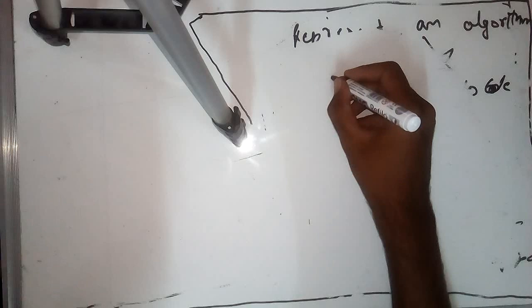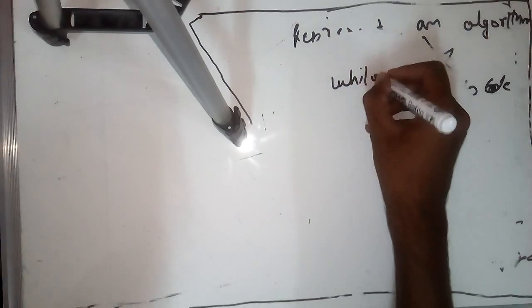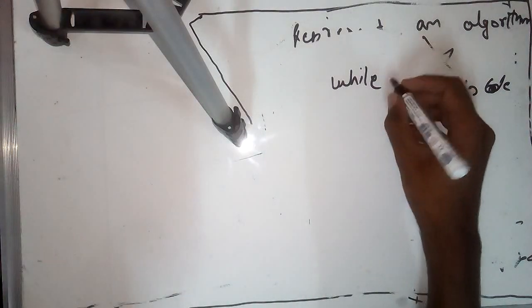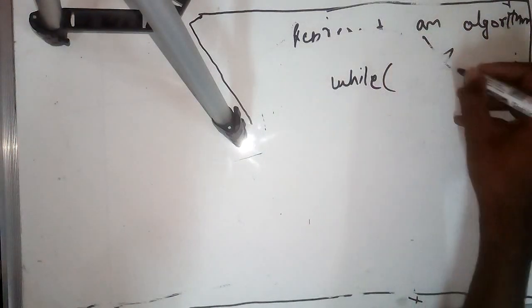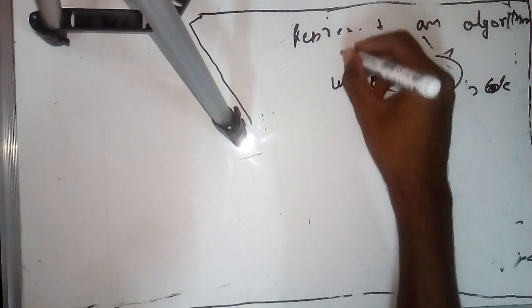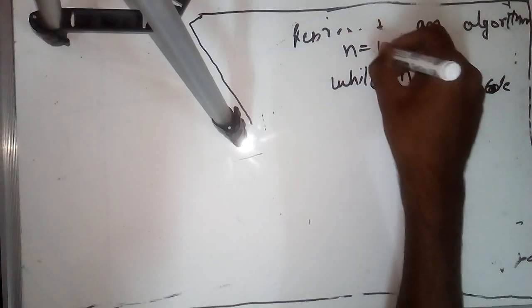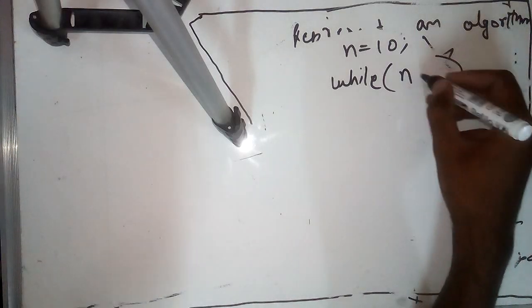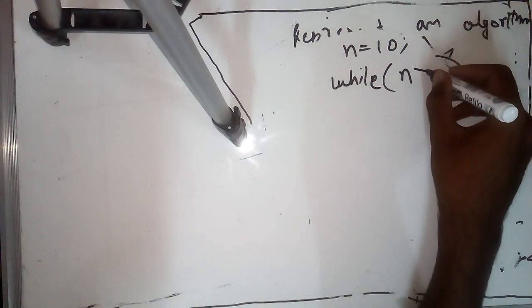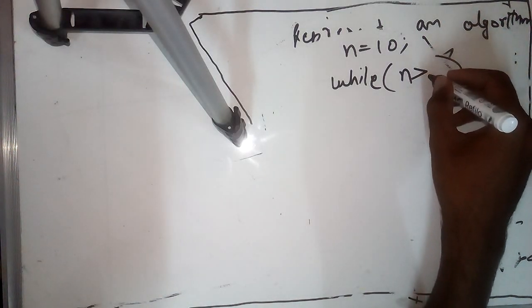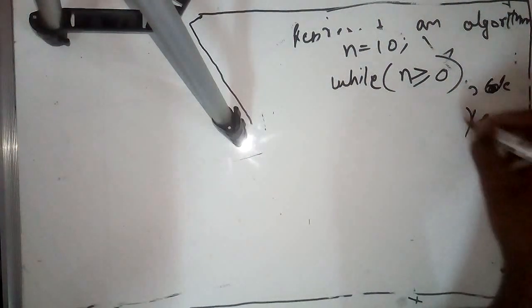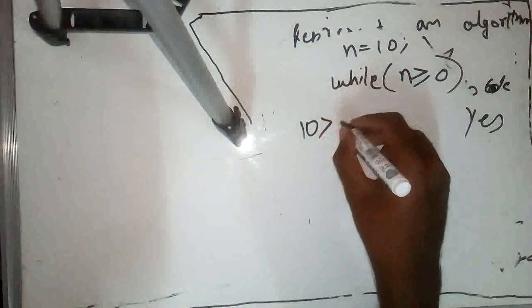Let's say you have some code with a while loop. The value of n is declared as 10, and we check whether n is greater than or equal to 0, and the answer is yes, because 10 is greater than 0.